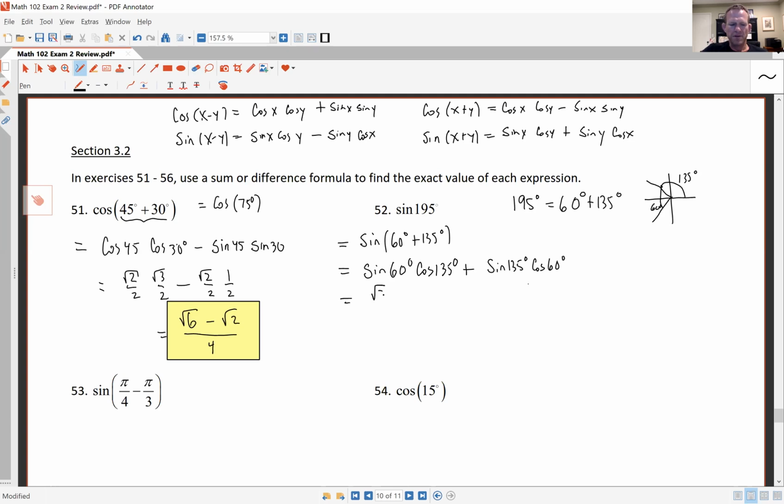Sine of 60 is root 3 over 2, and the cosine of 135, that's a 45 degree reference angle in quadrant 2, and cosine's negative there. Sine of 135 is root 2 over 2. And the cosine of 60 is 1/2. So this gives us negative rad 6 plus rad 2, all divided by 4.